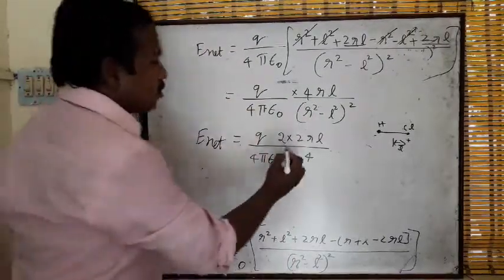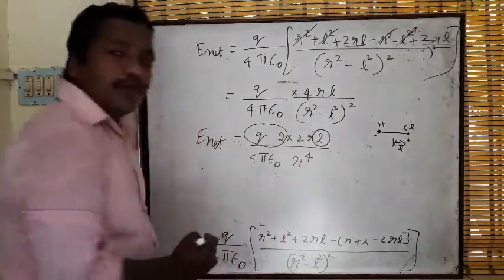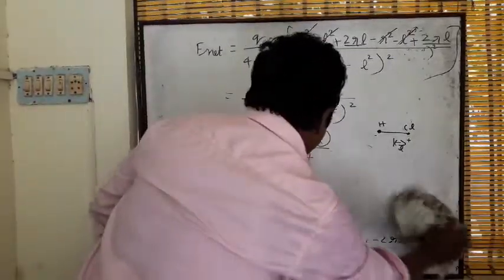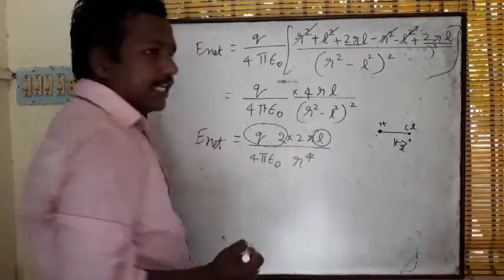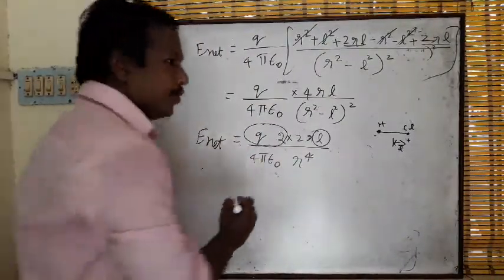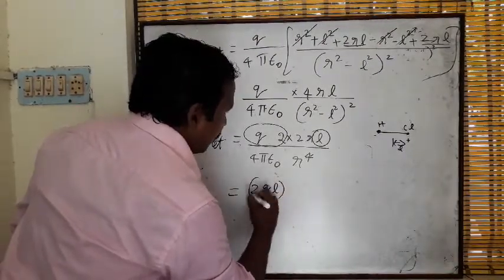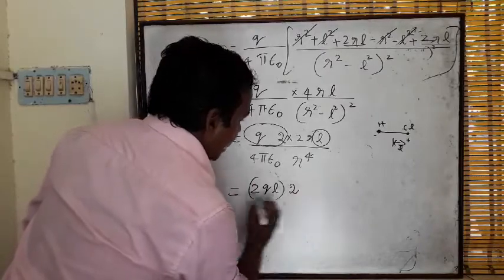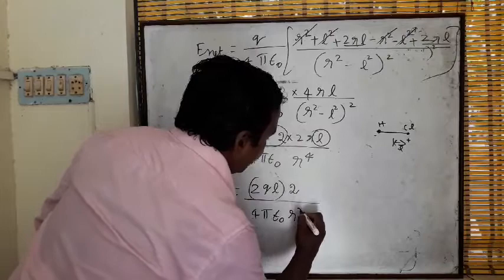Okay. So 2QL is the dipole moment, so I am going to change that to dipole moment. R power 4 is getting cancelled, so you will get R cube. 2QL will be the dipole moment, and one more 2 is there, over 4 pi epsilon naught R cube.